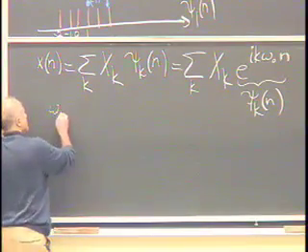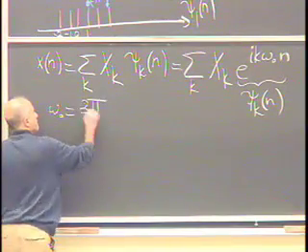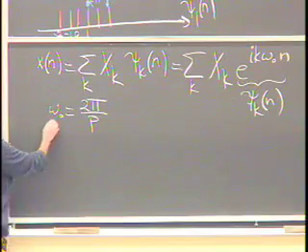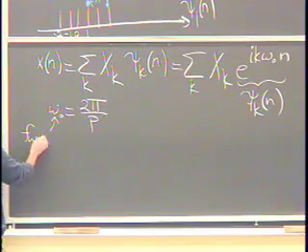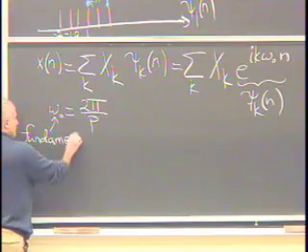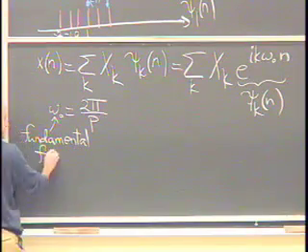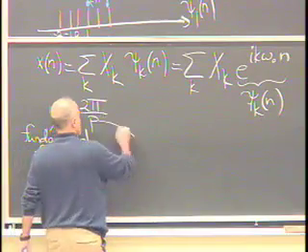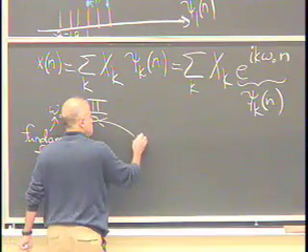Omega naught, you recall, was 2 pi over the period. This is called the fundamental frequency. And this was the fundamental period.